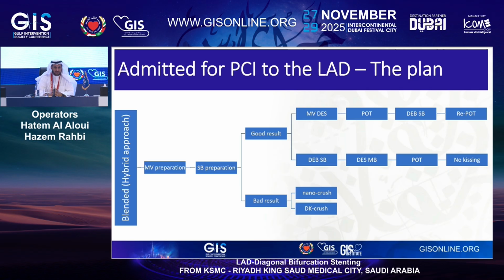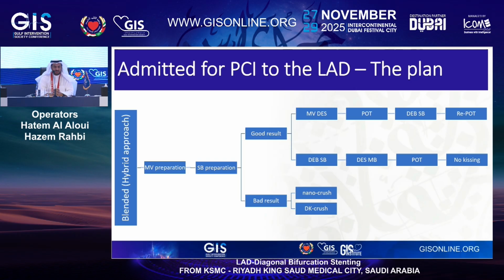We will prepare both lesions as you have said. We'll prepare the main, we'll prepare the side branch. And according to the result, exactly as you have said, Dr. Habib and the rest of the panel, if we have a good result on the preparation, here we have two options.